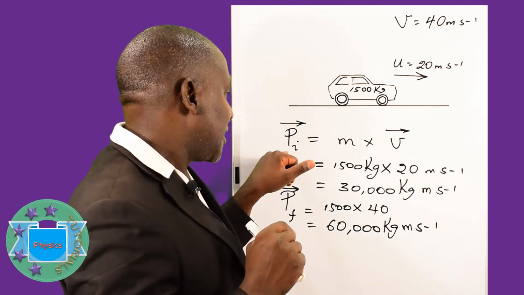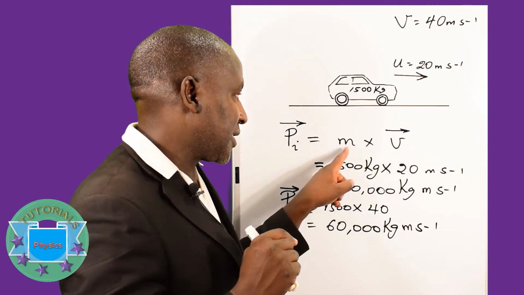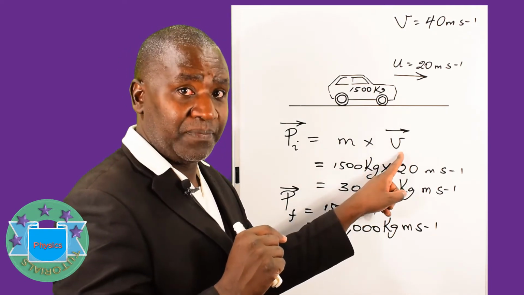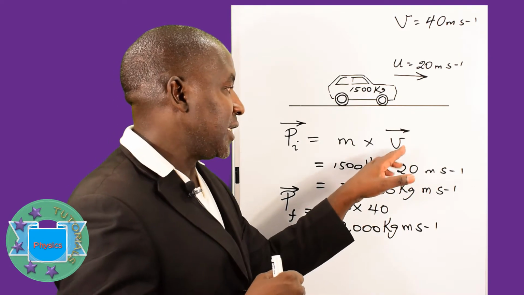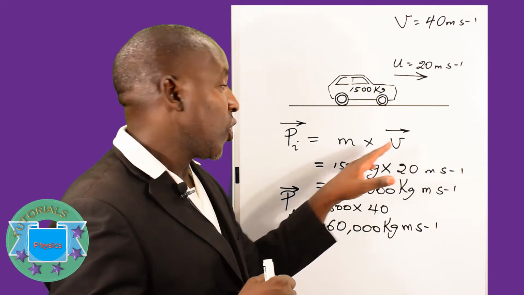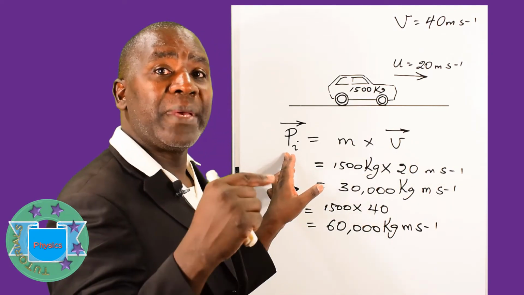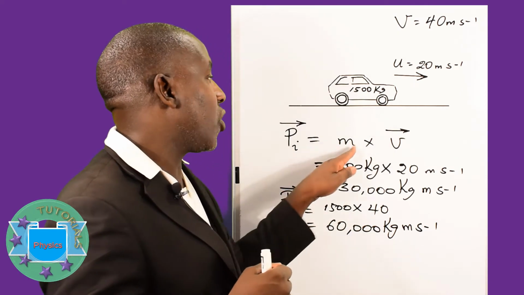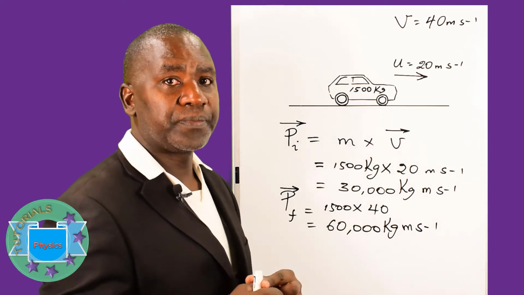So momentum depends on these two factors, the mass of the object and its velocity. So velocity is an independent variable, while momentum is a dependent variable. It is a variable which depends on these two.